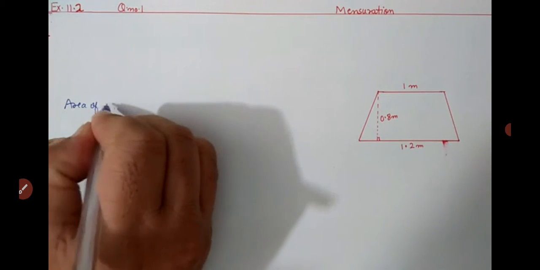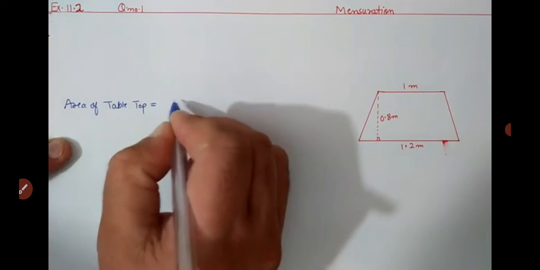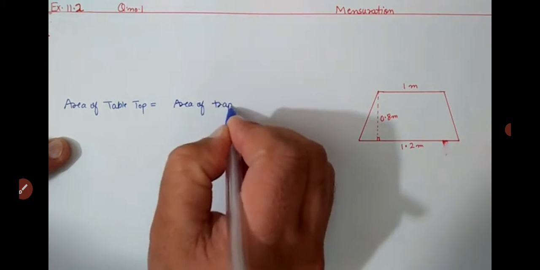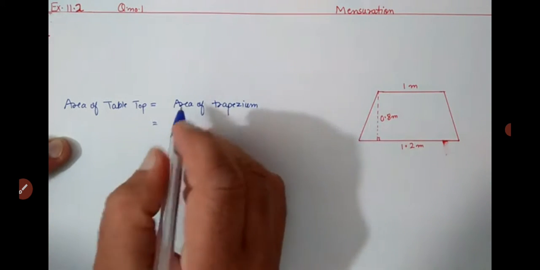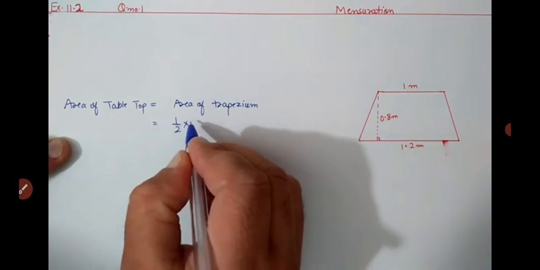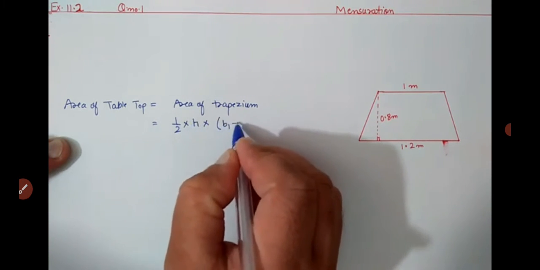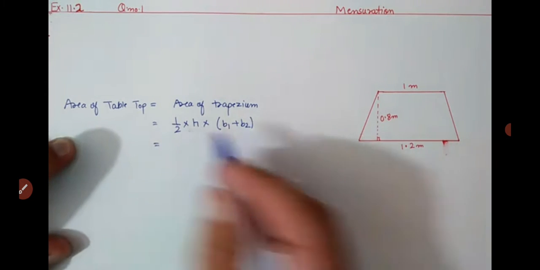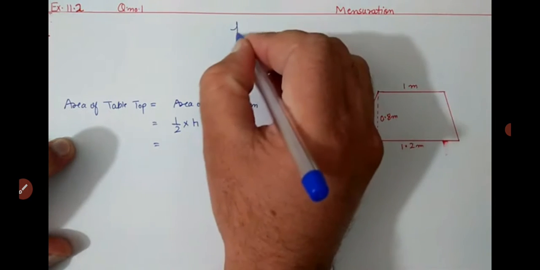Okay, area of trapezium, we know the area of a trapezium is equal to, because the table top is in the shape of a trapezium, and we know that area of trapezium is equal to 1 by 2 into height into sum of parallel sides, b1 plus b2, and 1 by 2. What is the height? 0.8 meter.